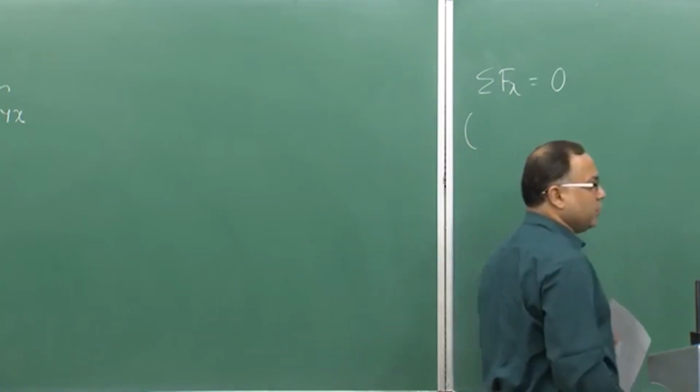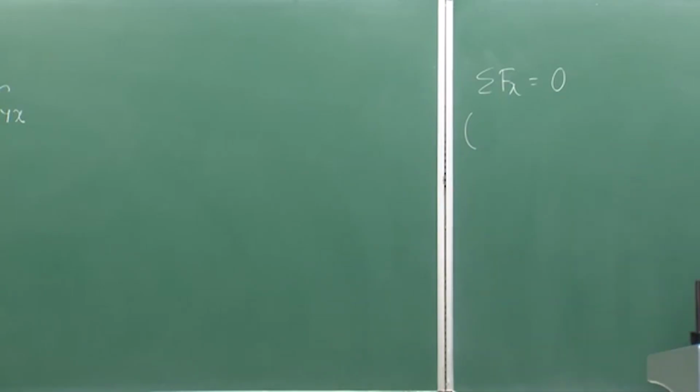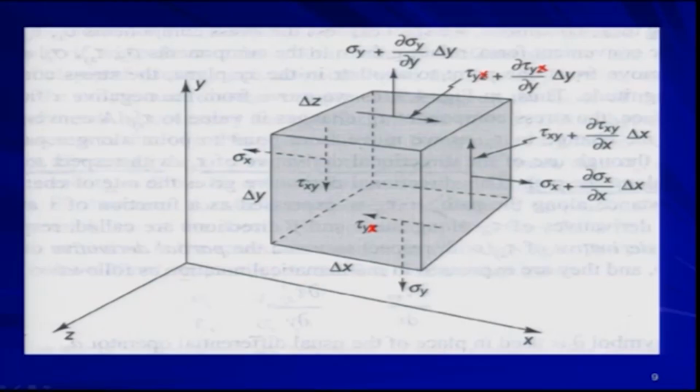So, if you come back to this figure, first we identify what forces are acting in x direction. Let us start from the negative x face. This sigma x is acting along x direction on the negative x face. This sigma x plus del sigma x del x delta x, that is a variation in sigma x, is acting on the positive x face, also along x direction.